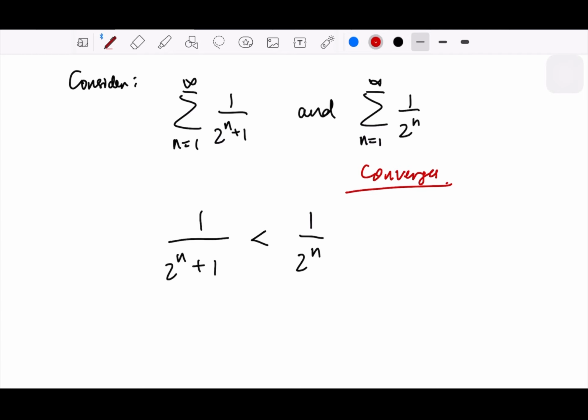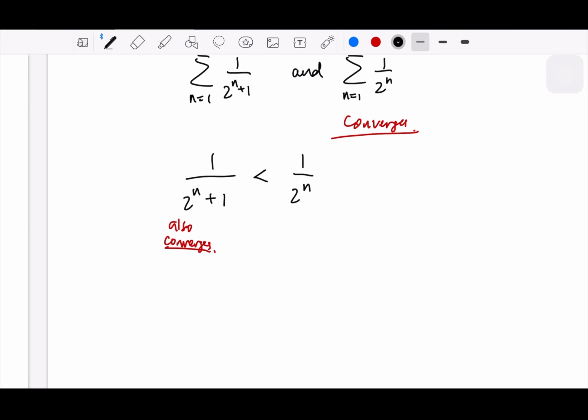It means that it's smaller. So if you have the series, it should be smaller. So if this converges, then this will converge. So this will also converge.